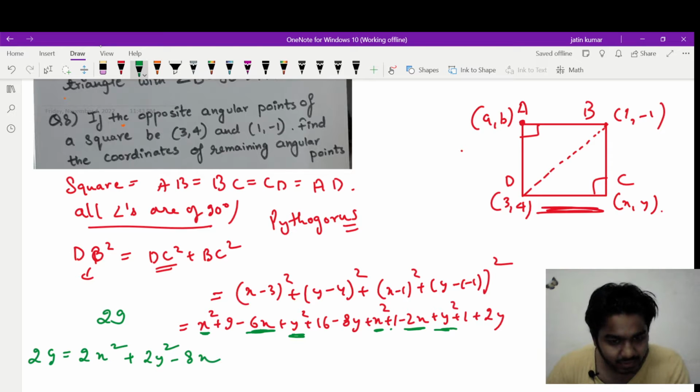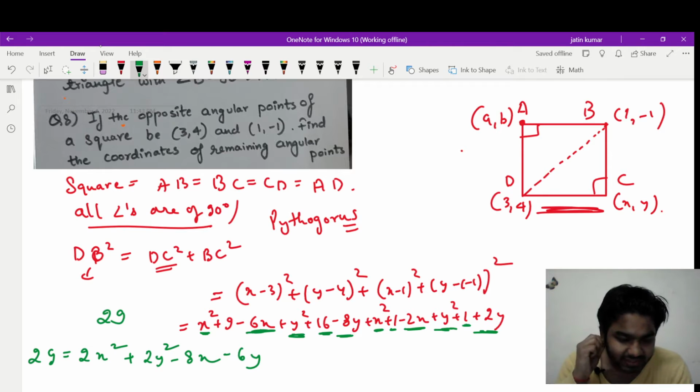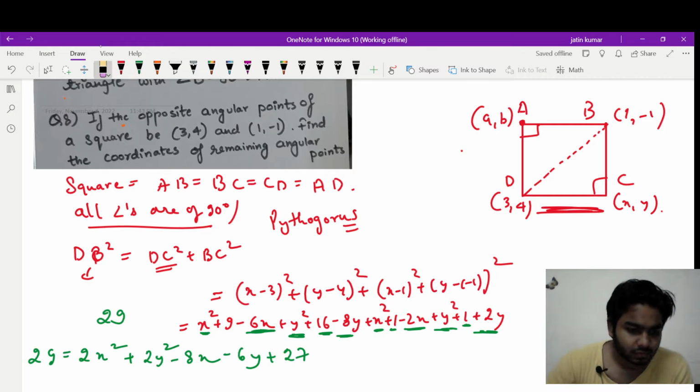And minus 8y plus 2y will be minus 6y, and 16 plus 1 is 17, and then plus 1 is 18, and 18 plus 9 will be 27. So we have got this equation.